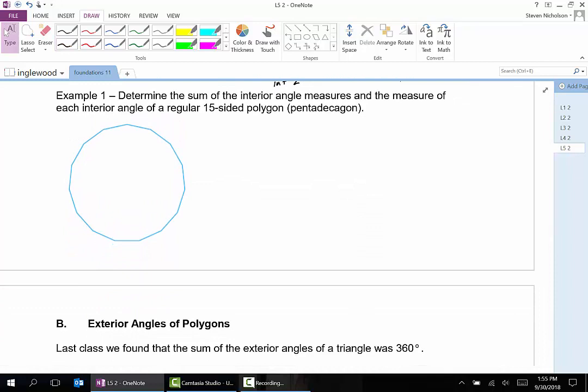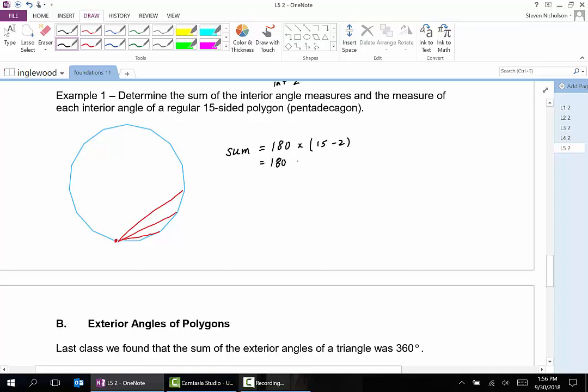So look at this example right here. We could pick a starting spot, like right here, and start making a bunch of triangles, all the way around like that, and then count how many triangles we had, and then multiply that number by 180. But we have that really nice little formula, and it says the sum is equal to 180 times the number of sides, which is 15, minus 2.